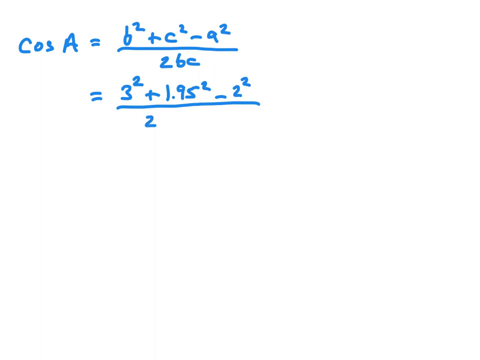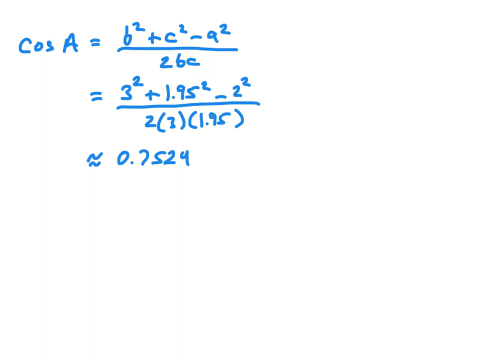And this will be over 2 times 3 times 1.95. We can enter this into a calculator and see that the cosine of A is equal to approximately 0.7524.